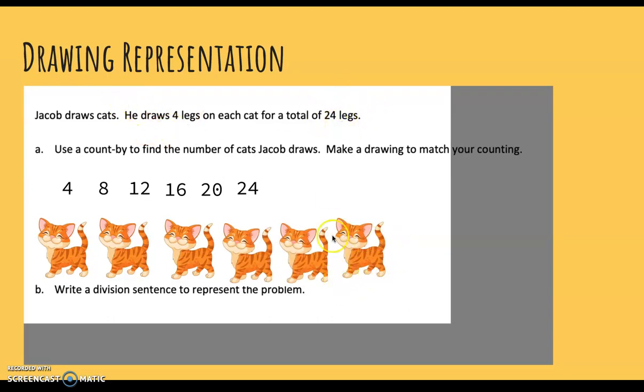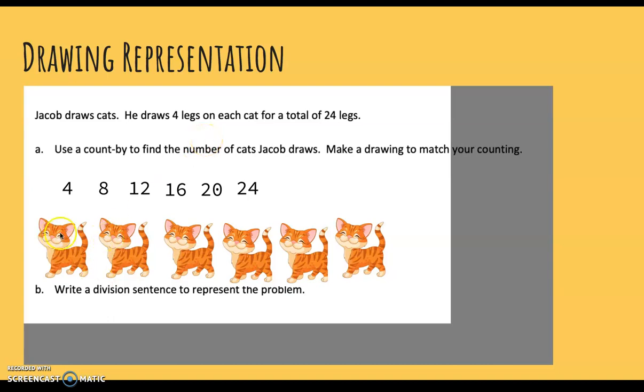And now I'm going to count how many cats I drew. 1, 2, 3, 4, 5, 6. So how many cats did I draw? I drew 6 cats. So this question is asking, in order to draw 24 legs, and knowing that each cat has only 4 legs, how many cats do I need to draw?